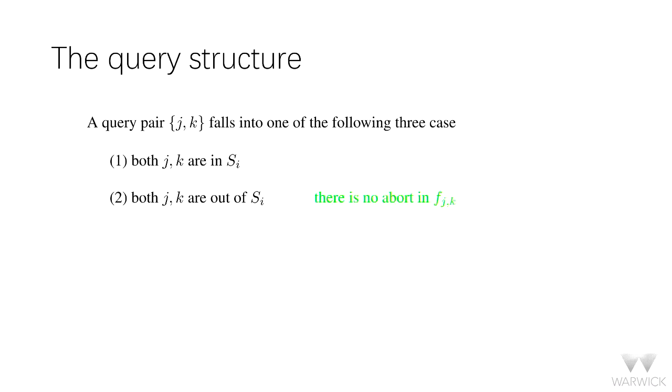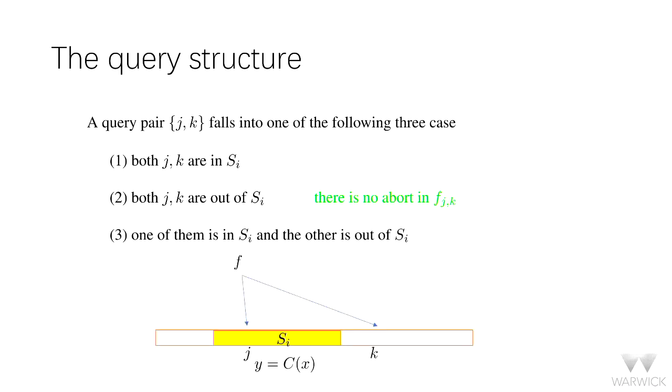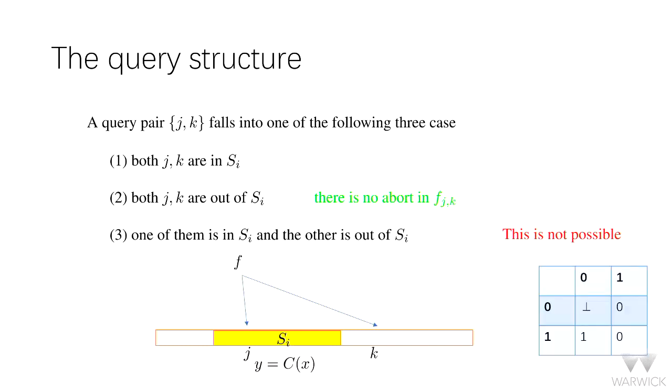Recall that S_i is defined to be the set that includes all the y_j which can be fixed by x_i. So notice that for the second case, this means that there should be no abort in f_jk. And for the third case, one of them is in S_i, the other one is out of S_i. This is not possible according to our previous observations. Okay, so we only have two cases.